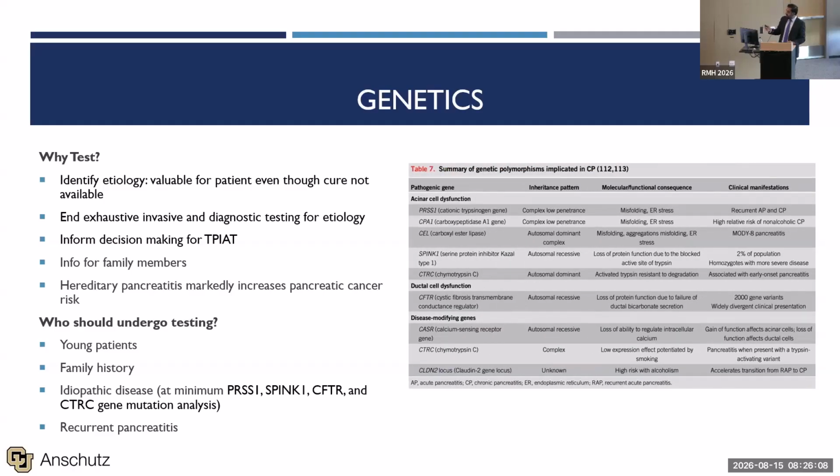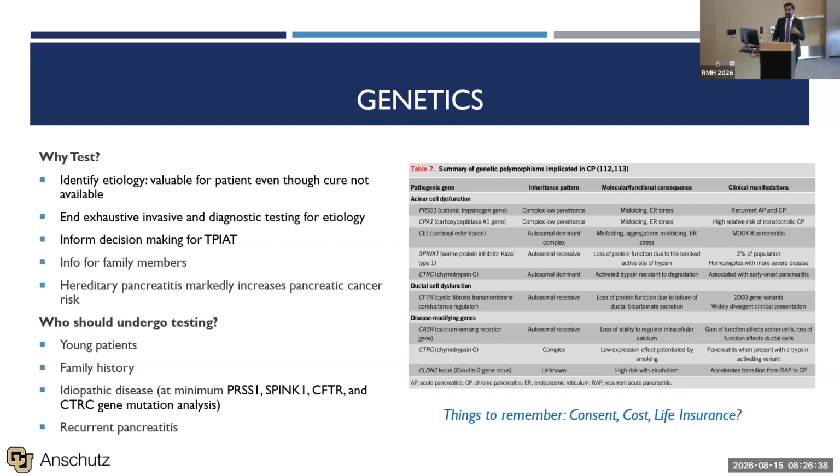This is from the ACG guidelines on chronic panc. I just put this for our reference. We're not going to go through all of them, but these are the genetic polymorphisms that exist that affect chronic panc and how they're displayed. But the big takeaway, if you are considering genetic testing, is that getting consent from patients is really important. Most insurers will not cover the cost, so it is a private cost, and depending on which testing you use, it can be anywhere from $200 to several $100s.